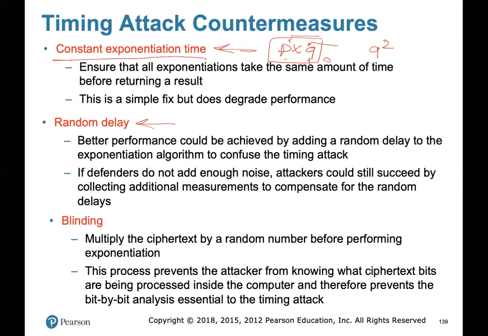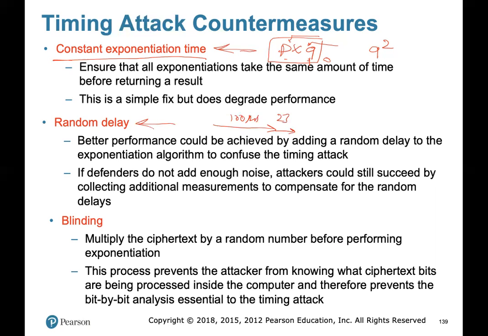Or add a random delay after any exponentiation or multiplication operation. You add a random delay so that it will be added to the actual time of that operation. For example, it took, let's say, 100 microseconds, and you also add another 23 random.